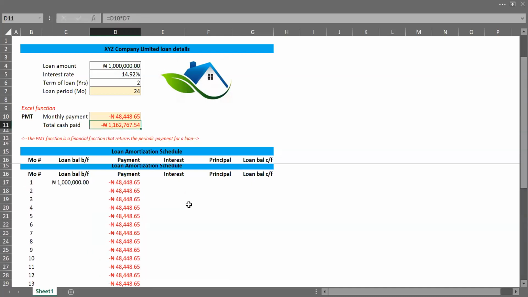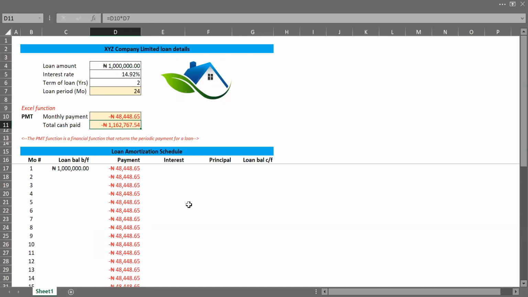Okay. The next thing to do is to calculate our interest portion for the month. Note that the 48,448 naira 65 kobo comprises both the interest and principal portions. So to find the interest amount in this total amount, we say equal to the loan balance times the annual interest rate divided by 12 to return the monthly interest portion.